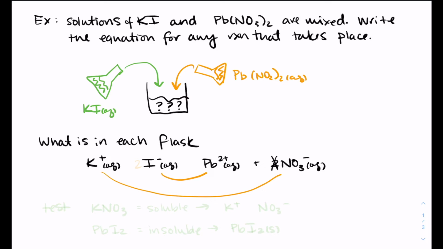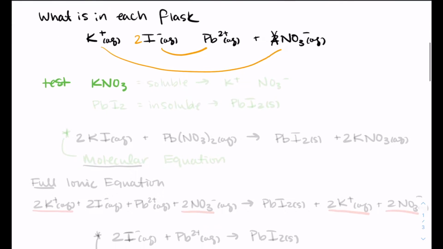So we're going to swap partners for the ions and see if any of the new combinations are soluble or insoluble. If potassium pairs up with nitrate, which was the anion from the other flask, and lead pairs up with iodide, what do my products look like?